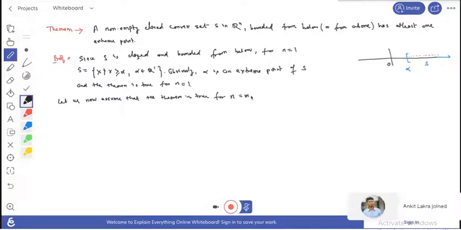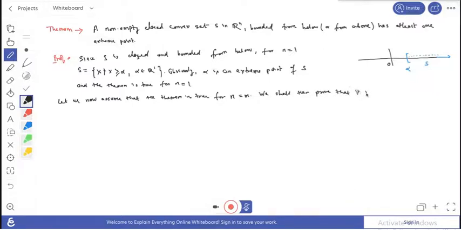We shall then prove that it is true for more dimension, that is n plus 1.